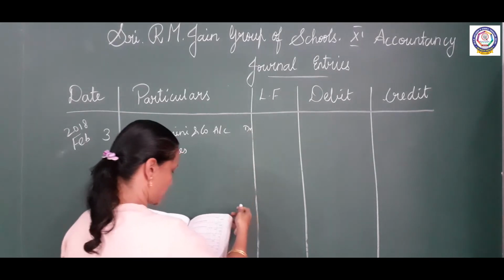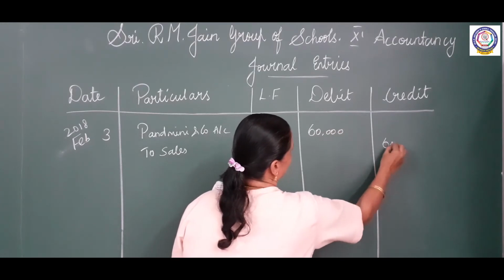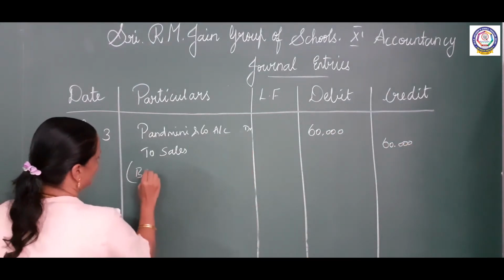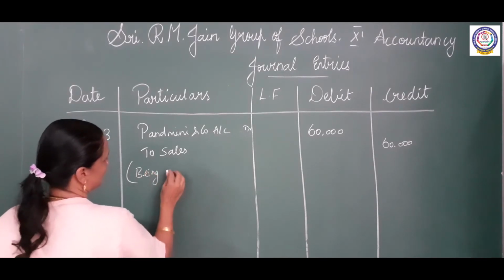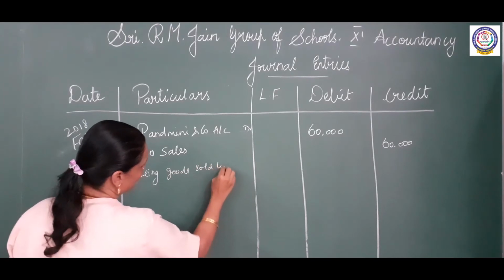Okay, how much? 60,000. Here, being goods sold to Padmini and Co.